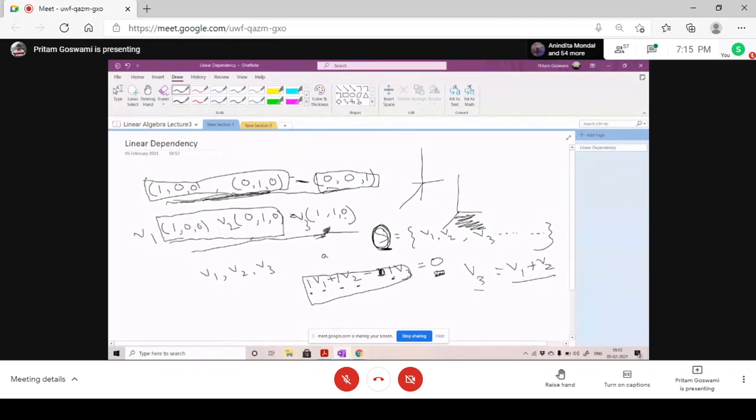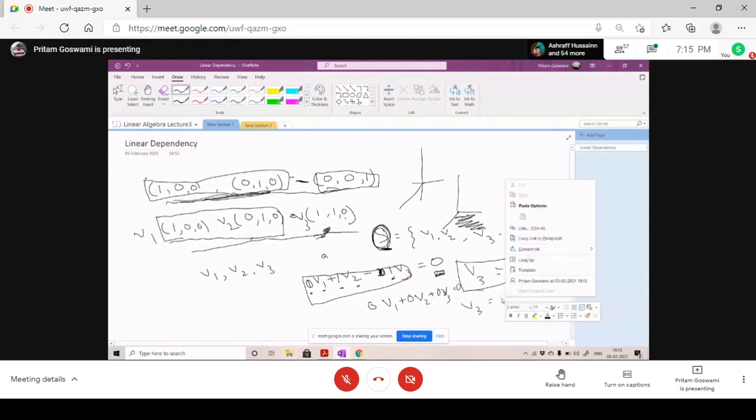If all the scalars were 0, then you cannot write this. Suppose you give me the equation 0 v1 plus 0 v2 plus 0 v3 equals 0. Then you cannot say that v3 equals some combination of v1 and v2, you cannot write it in terms of v1 or v2.